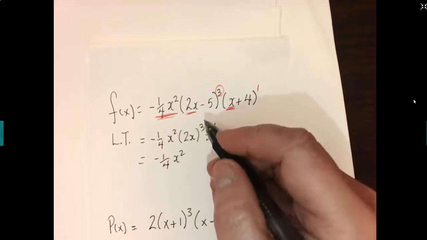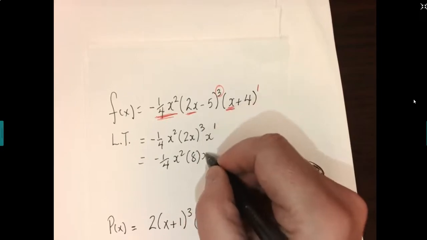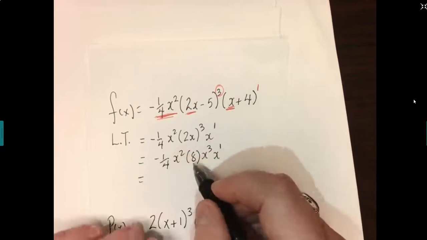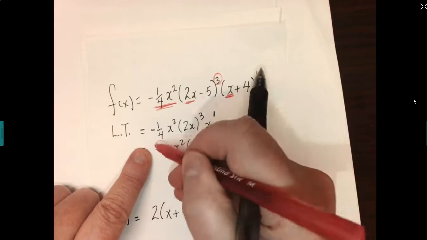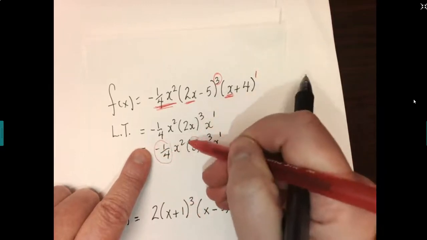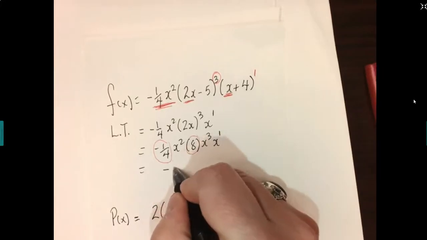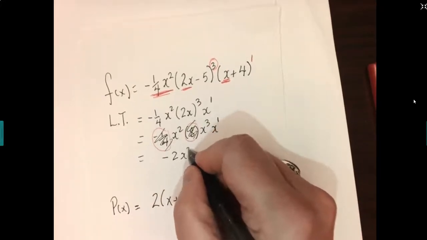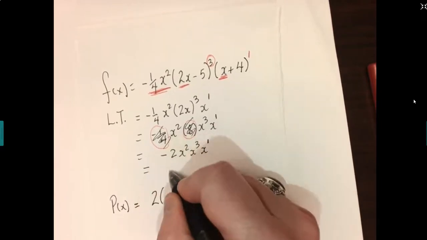Two to the third power is going to be 8, then x cubed. So if I get the numbers out the front, I'll have negative 1/4 times 8, and that's going to give me negative 2. Then I'm going to have x squared times x cubed times x to the first.